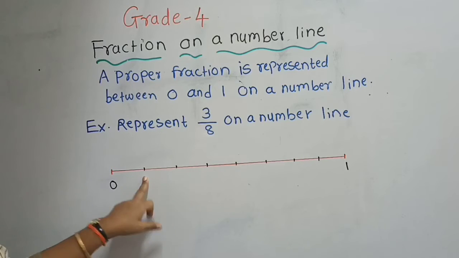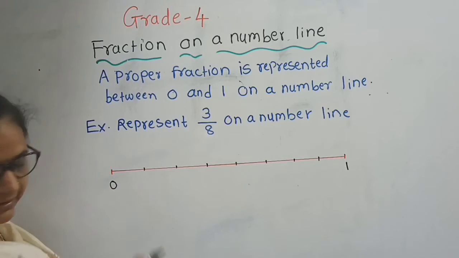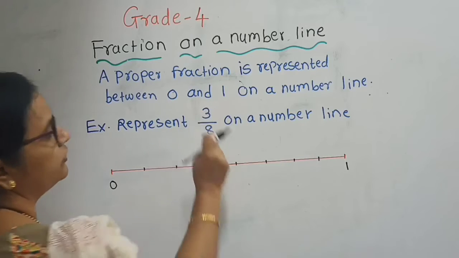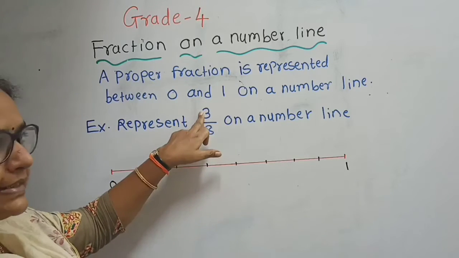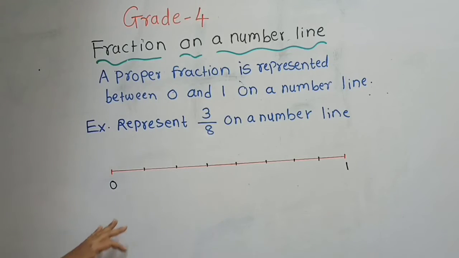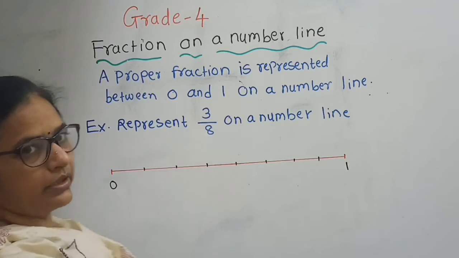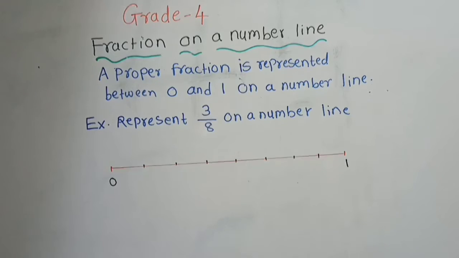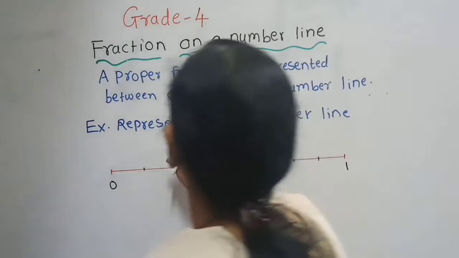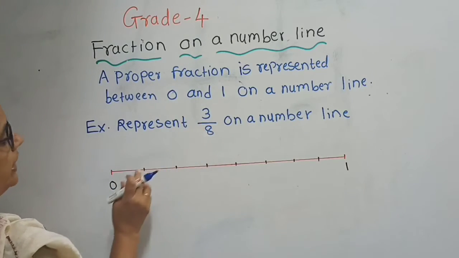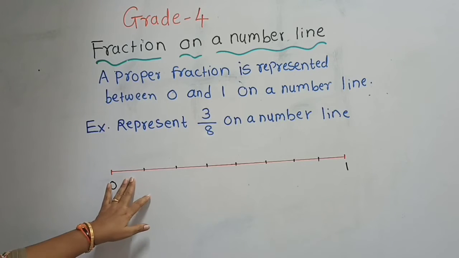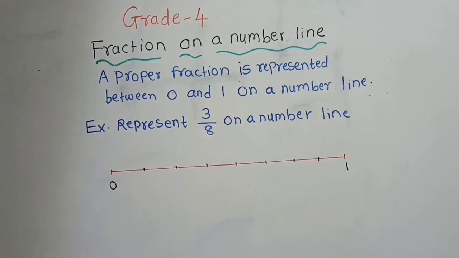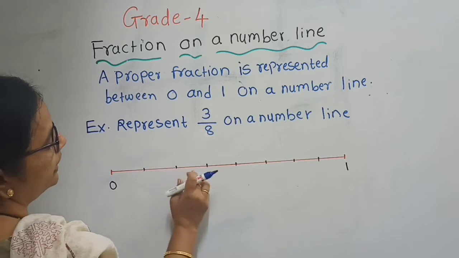Now starting from 0, we move the number of steps given by the numerator. What is the numerator, children? The numerator is 3. So we have to move 3 steps, 3 small divisions, from here: 1, 2 and 3.